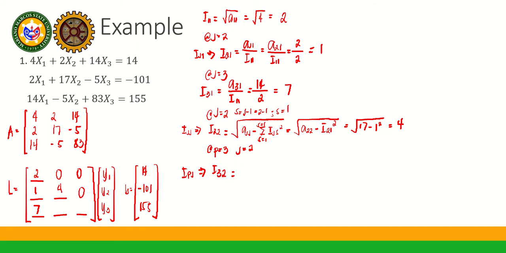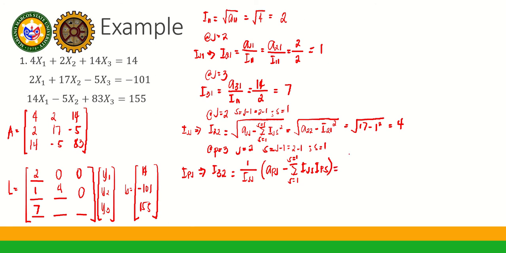And the formula for I32 is equal to 1 over IJJ multiplied by APJ minus the summation of IJS multiplied by IPS, from S equal to 1 to S equal to J minus 1. So our S is equal to J minus 1, which is equal to 2 minus 1. Therefore, S is equal to 1.